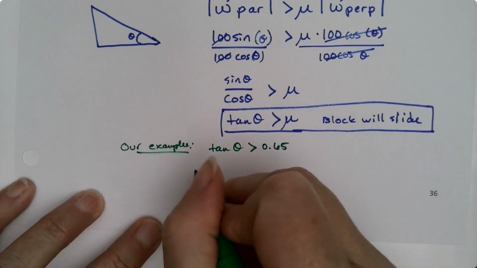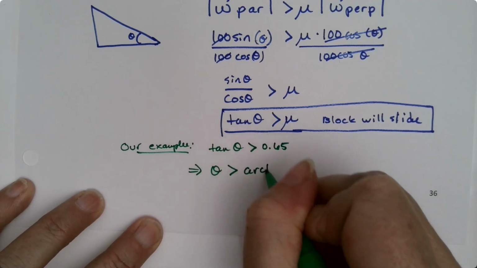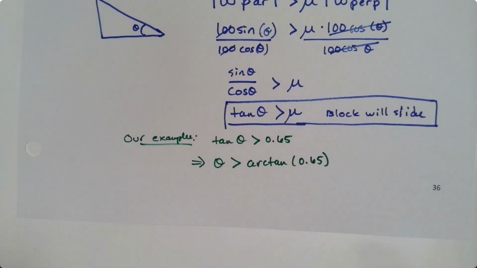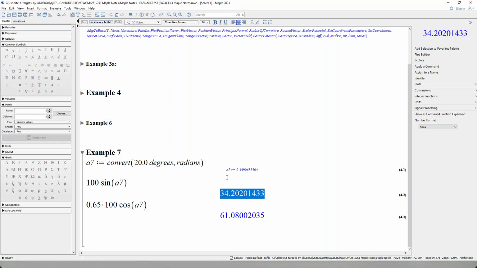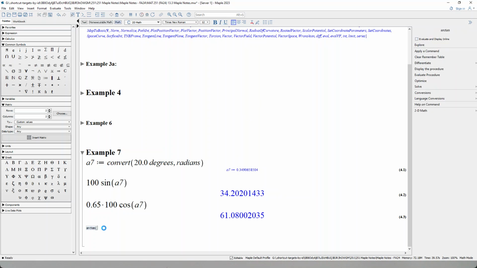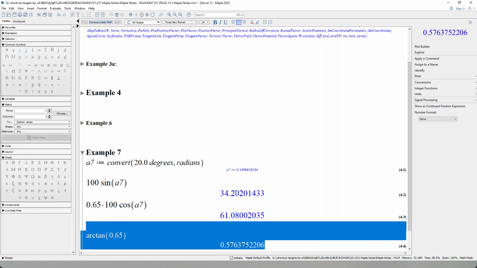That would mean that theta has to be greater than the arctangent of 0.65. So we are going to stick that into Maple and make Maple find it. It's giving it to us, of course, in radians.